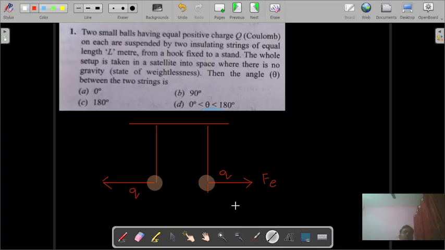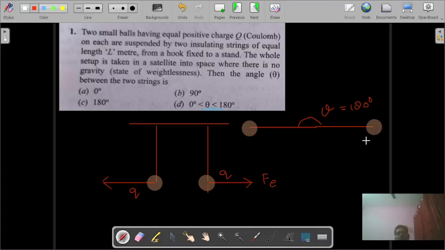So to have the minimum repulsion, they will be aligned like this, opposite to each other. One charge you will find over here and the other charge over here. This is the situation when they have the maximum distance between them, and hence the minimum force of repulsion, and therefore the correct answer for this will be theta equals 180 degrees. So remember that there is no gravity acting on them. So this is C, 180 degrees.